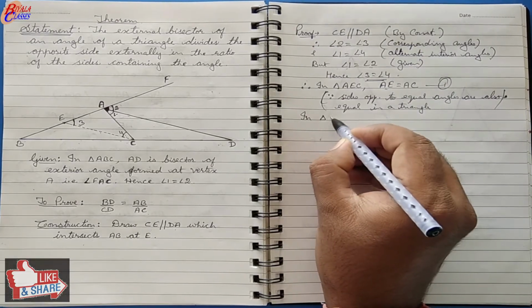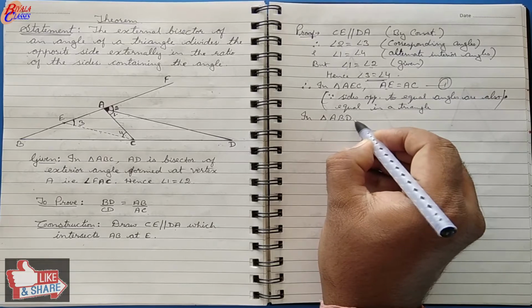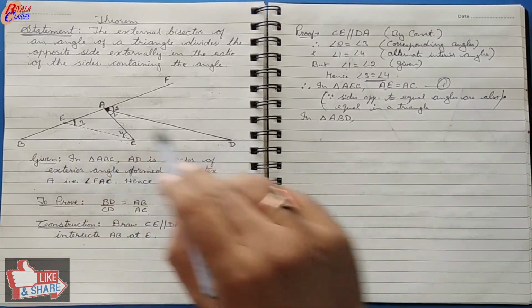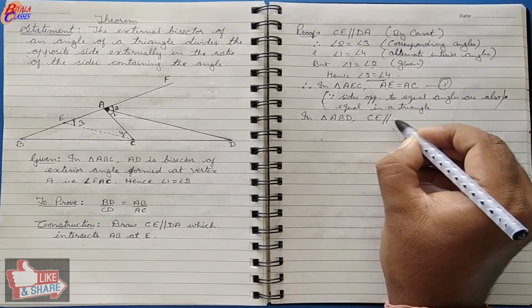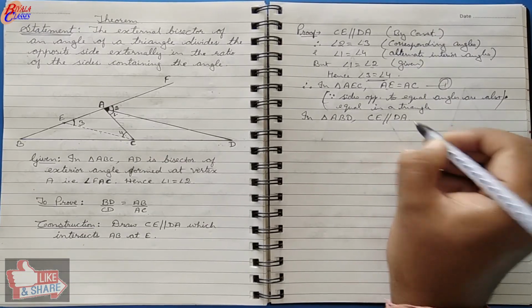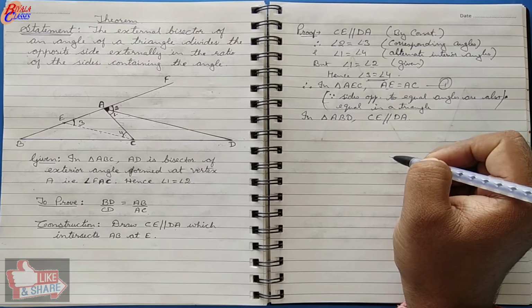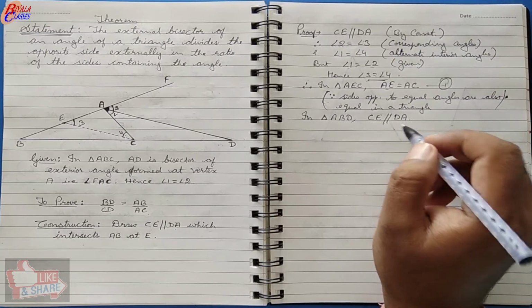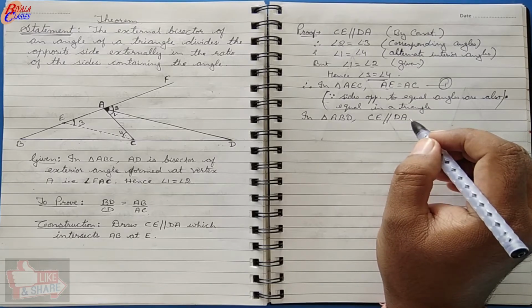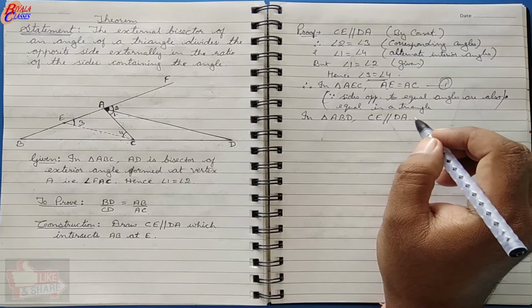Now let's take the triangle ABD. In this triangle ABD, CE is parallel to DA. CE and DA are parallel to each other. Being parallel, we can use the basic proportionality theorem.